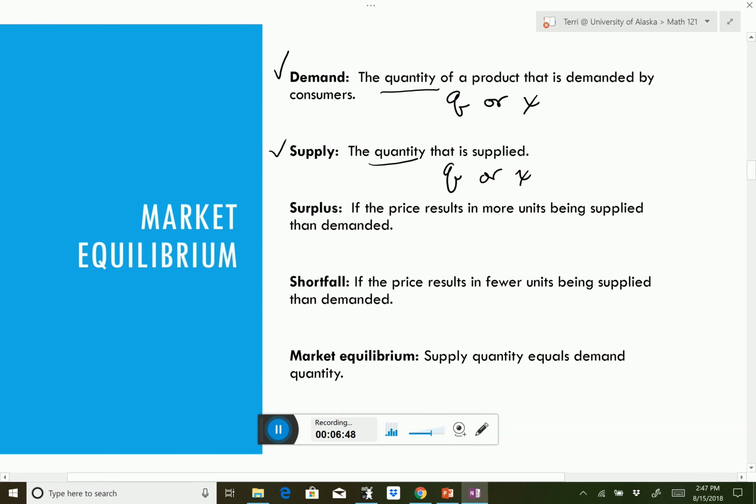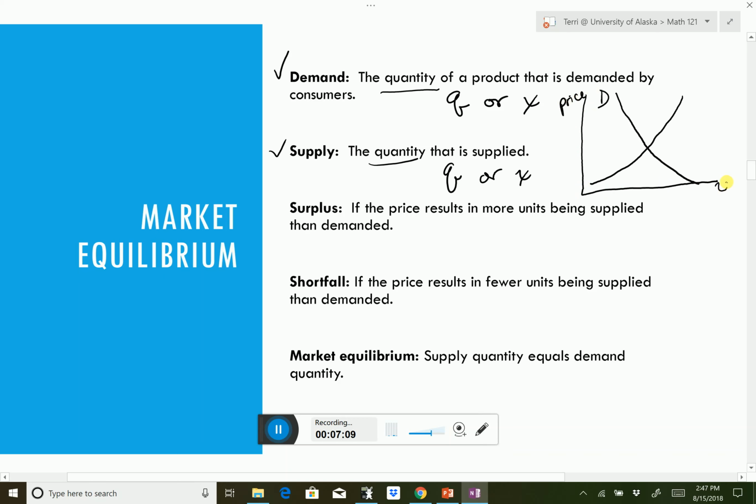And if you guys remember, supply and demand kind of looks like this. The demand function is this one because demand goes down as the price goes up. So this is price.